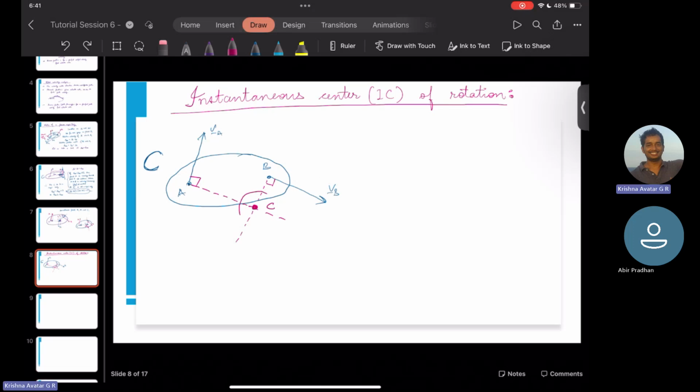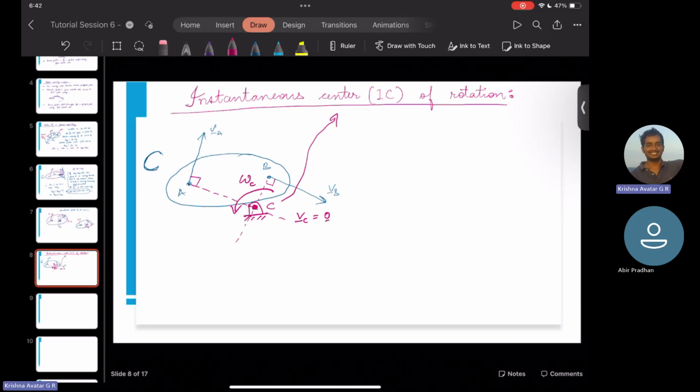Conventionally we'll have some omega c, and this happens to be also fixed at an instant, right? And here vc vector is equal to 0. And this is what we call, C is known as the instantaneous center of rotation.